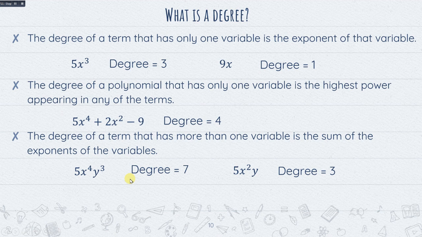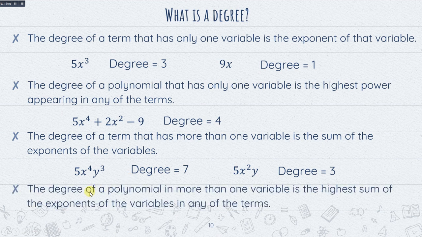Next would be the degree of polynomial in more than one variable is the highest sum of the exponents of the variables in any term. So we have 5xy cubed plus 17xy plus 9y squared plus 9. So meaning we will get the highest sum among the exponents in any of the terms. So for example, we have 5xy cubed.